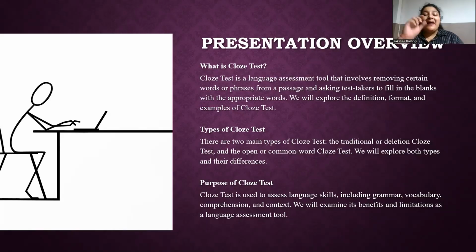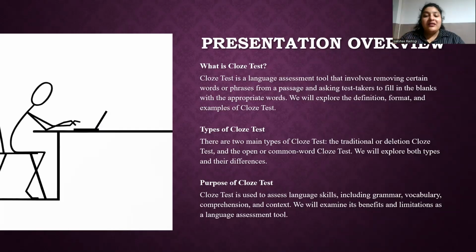A passage is given with certain words or phrases removed and replaced with blanks. For example, the blanks are usually marked with a symbol such as a dash or a bracket. The test takers read the passage and fill in the blanks with the most appropriate words or phrases.